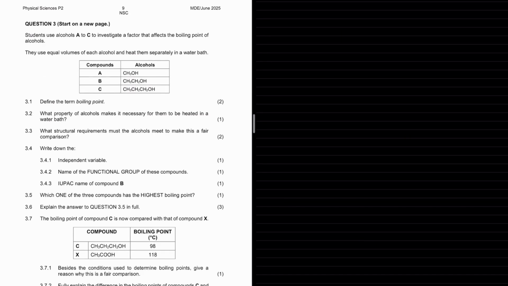Question 3 says, students use alcohols A to C to investigate a factor that affects the boiling point of alcohols. They use equal volumes of each alcohol and heat them separately in water baths. 3.2 reads, what property of alcohols makes it necessary for them to be heated in a water bath?